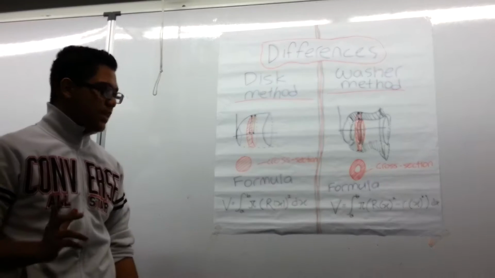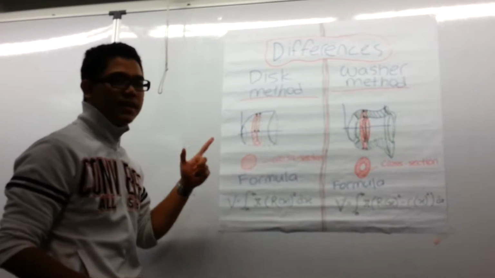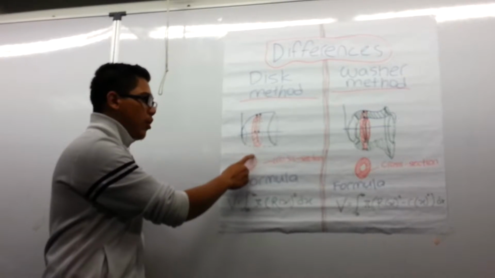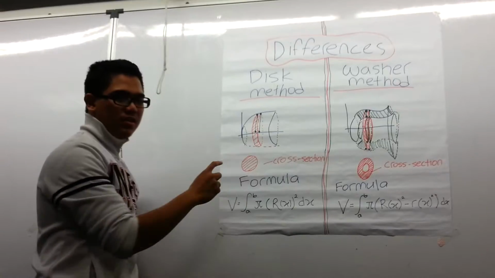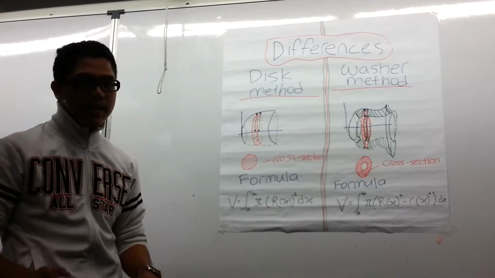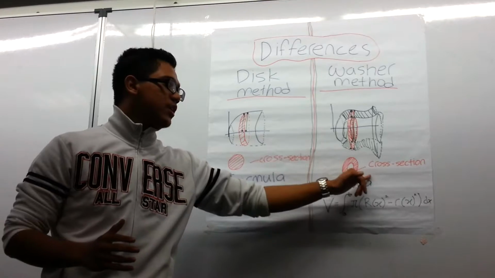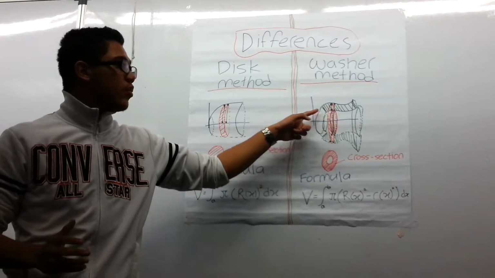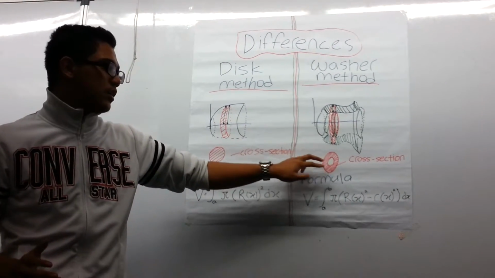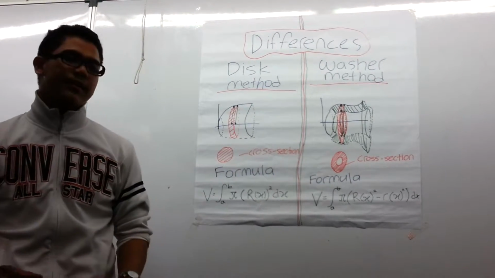When I take out any cross section in this method, we get only one circle and no hole in the circle. While when I take a cross section from the washer method, I get a hole in the cross section. Let's look at the donut.